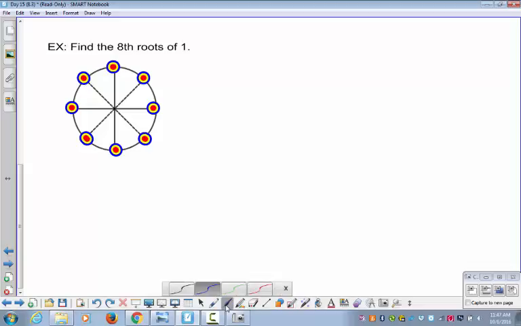So if you pick any one of these, minus root 2 over 2, minus root 2 over 2i, you raise it to the 8th power, you will get 1. Clearly, these axis points right there, those quadrantal complex numbers, those will all do it. But so will those 4. So do you see the pattern? If you're trying to find the 8th roots of 1, we're going to get 8 answers.